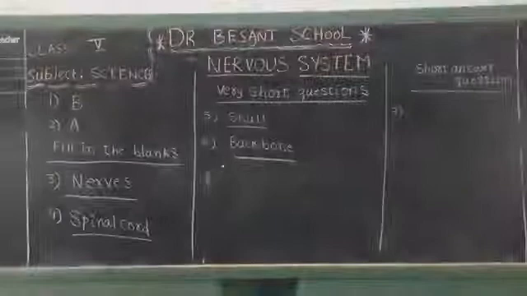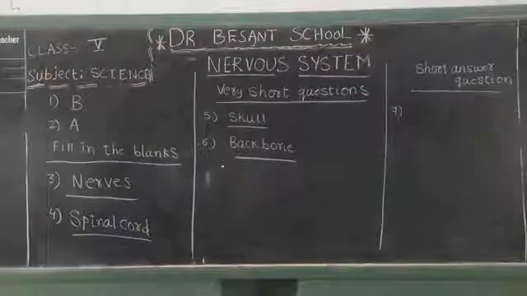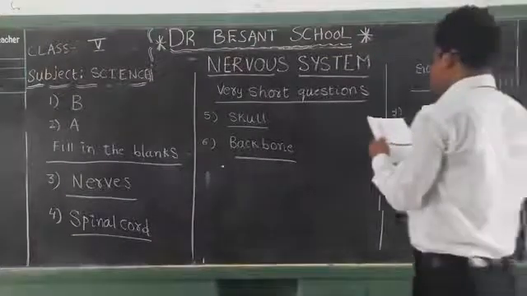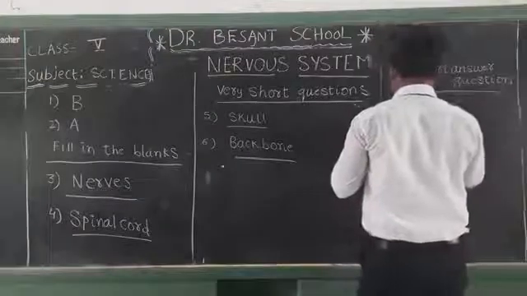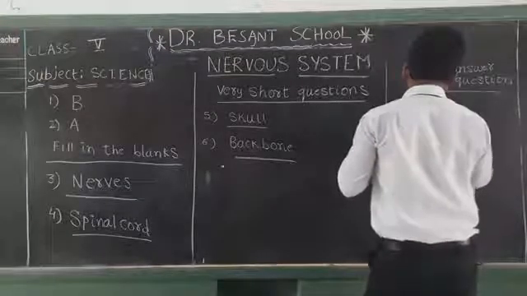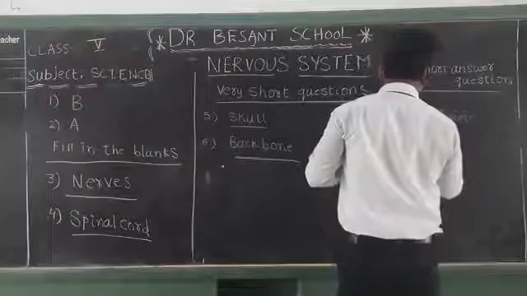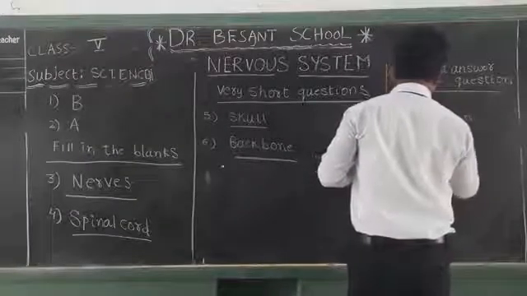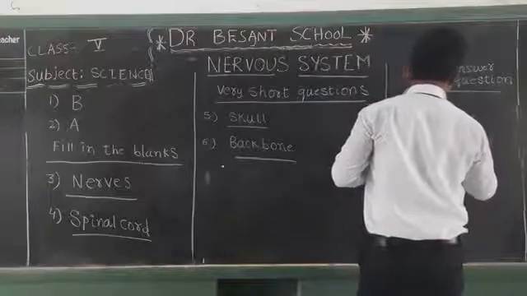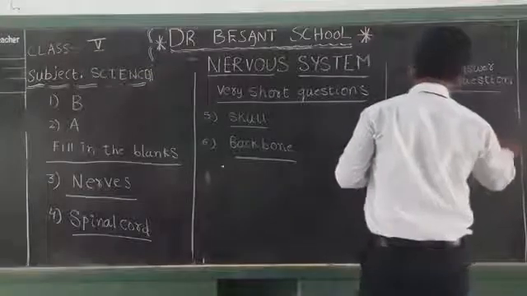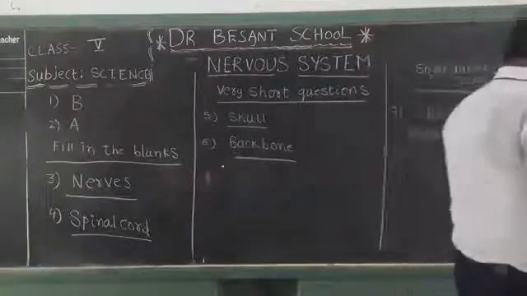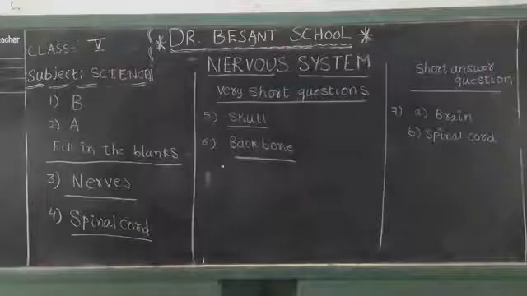Children, are you able to see or not? Yes, note it down. Seventh one, A, brain, B, spinal cord. And the third one is already given in your book.